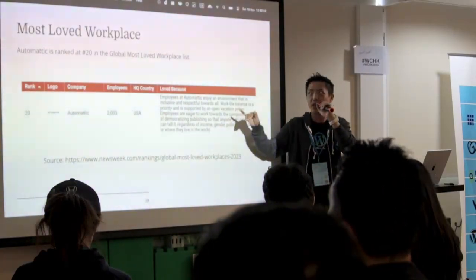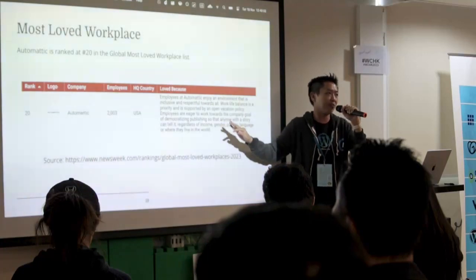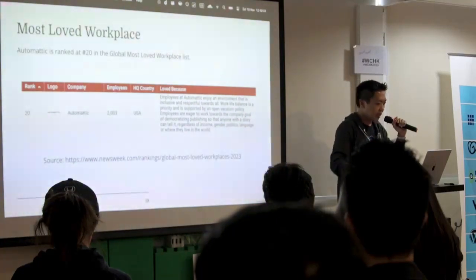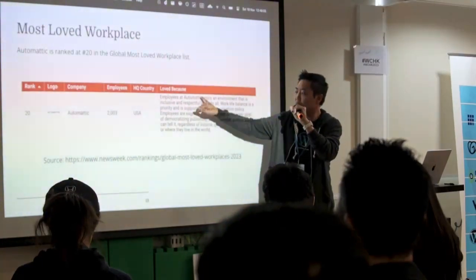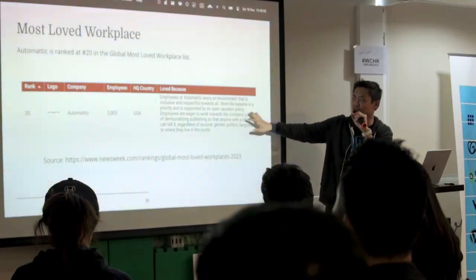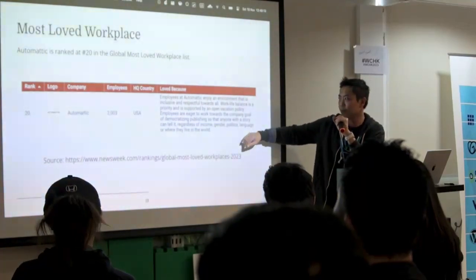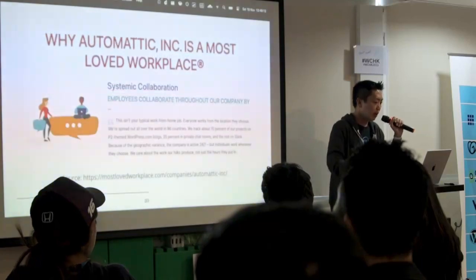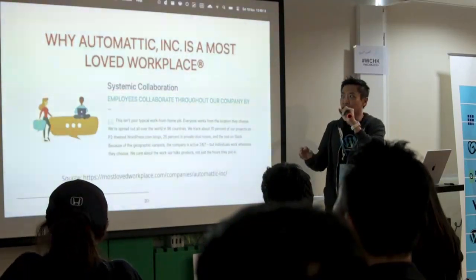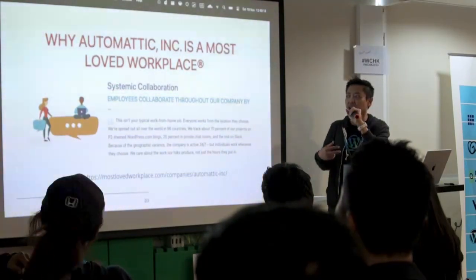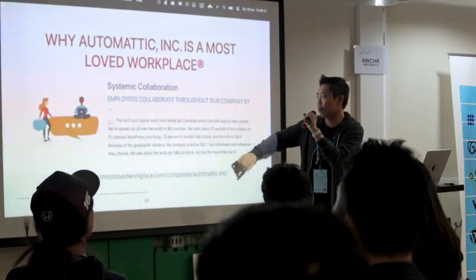If you Google search most loved workplace, we are part of the ranking. If you look into the detail over here, the reasons why people love working in Automattic are here, and some of the points are repeated again and again.